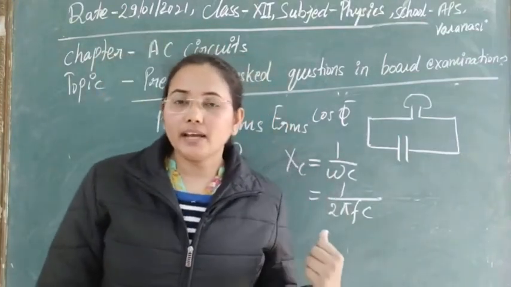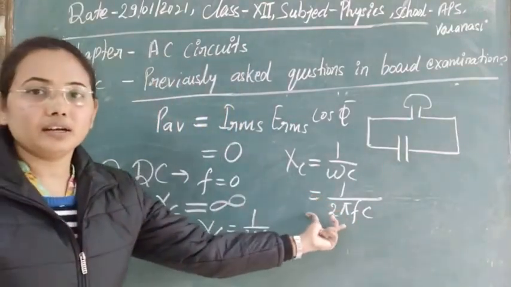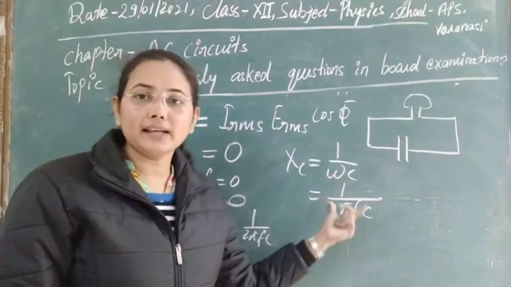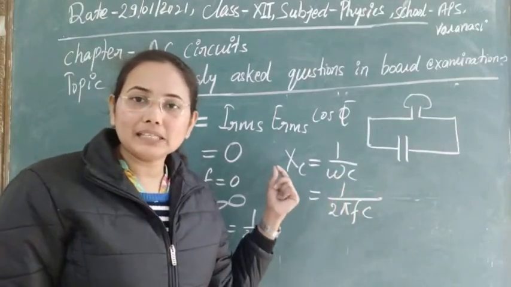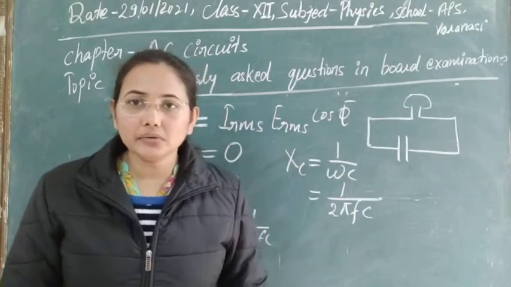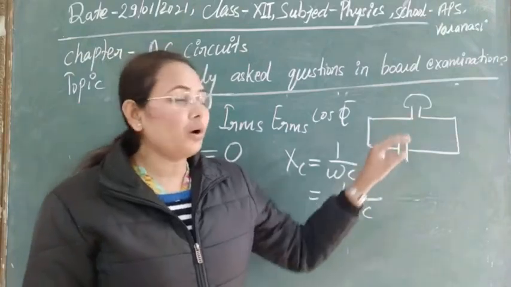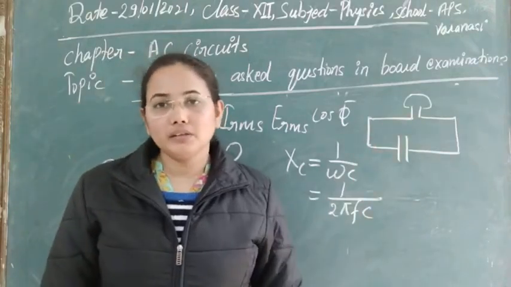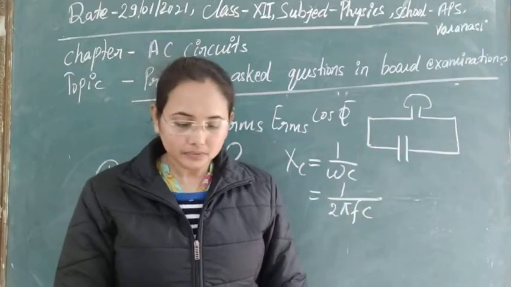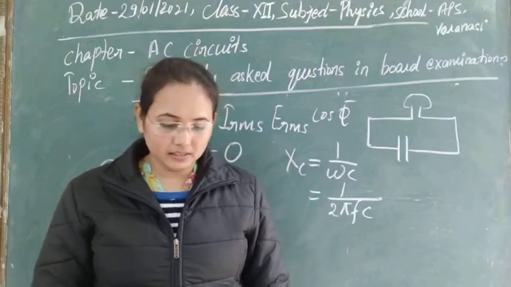So for a greater value, the circuit will offer high reactance. So the current passing through the circuit will reduce, and due to the reduction in current, the glow of the lamp will also be reduced. Clear? So this is a basic question that is asked here.